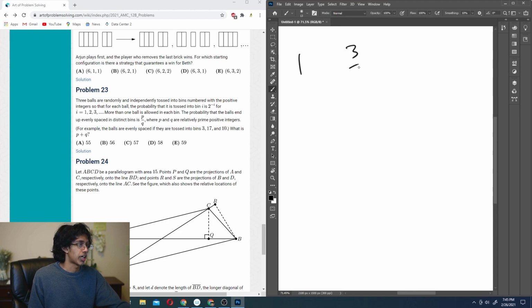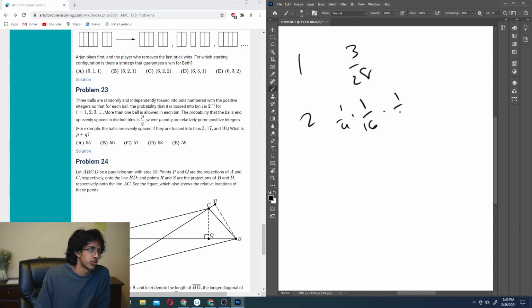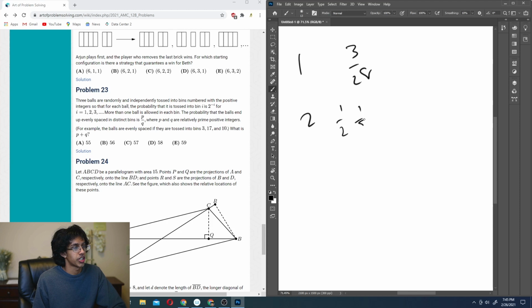Then we could look at distance 2. Wait, sorry. The first one is 1/2 times 1/8 times 1/32, then 1/4 times 1/16 times 1/64.